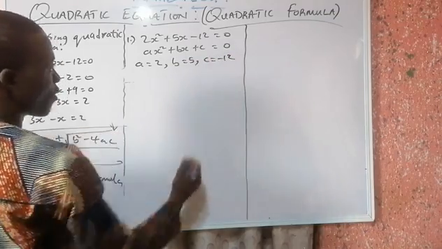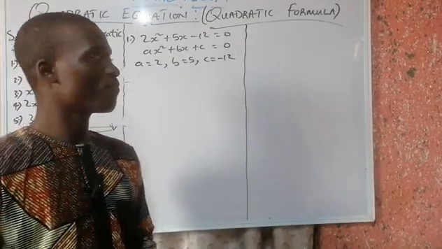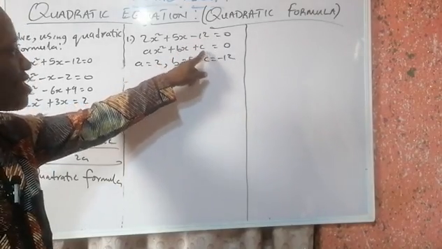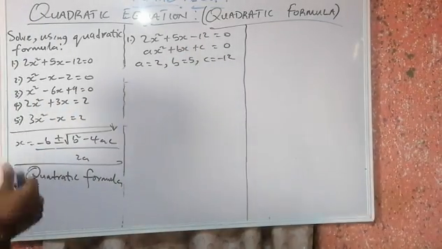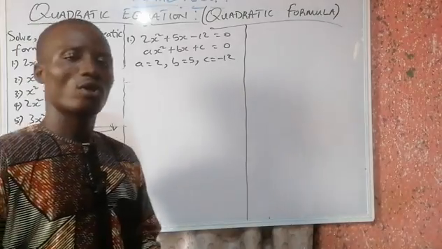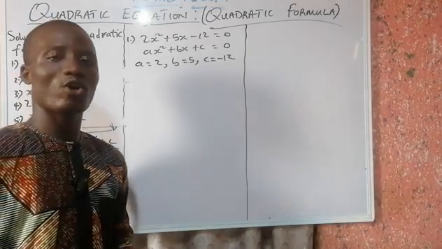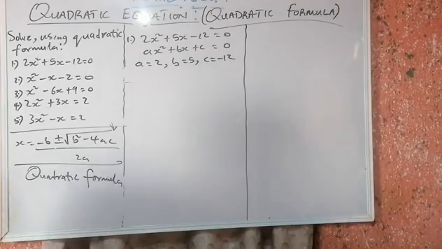Please do not forget, when you see minus, use minus. When you see plus, use plus. This c here, it will be wrong to say c equals 12. No, c equals minus 12. You have to note that, okay? Because that is the common error or common mistake that some students normally make while using quadratic formula in solving quadratic equation.